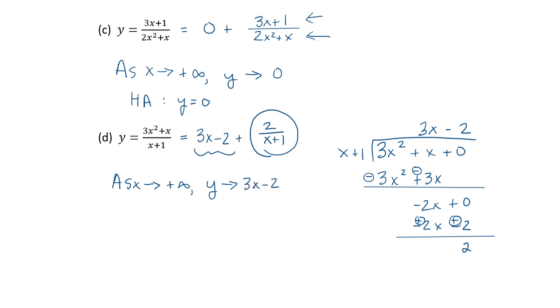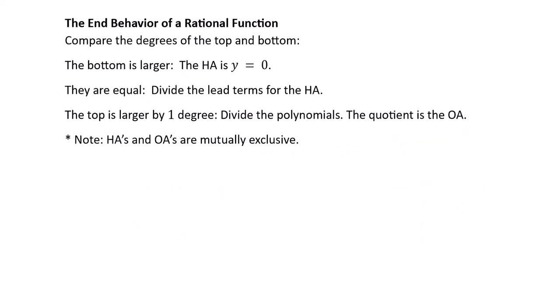That's not a constant, and it's definitely not a horizontal line. This is an oblique or slant asymptote. So our oblique asymptote is y equals 3x minus 2. Now this long division process, or synthetic division if it applies, will always work with finding those asymptotes.